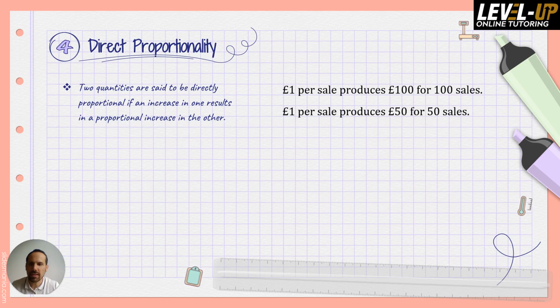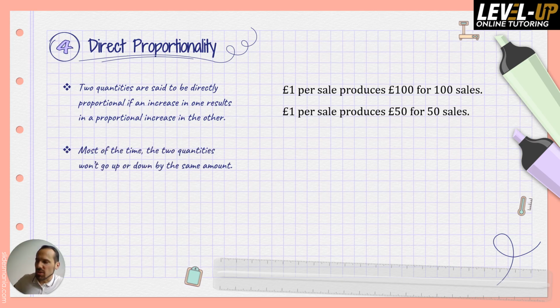So a simple example would be something like this: say I'm selling some product and I'm making £1 per sale. I would then earn £100 for 100 sales. If I only make 50 sales, I'm going to get £50. The more sales I make, the more money I make, and they go up and down in perfect lockstep, which is what you would expect.